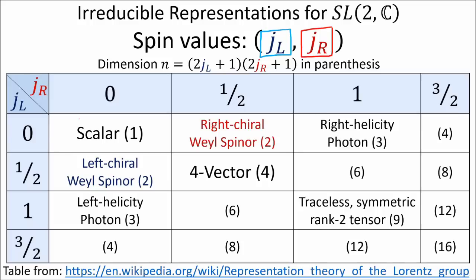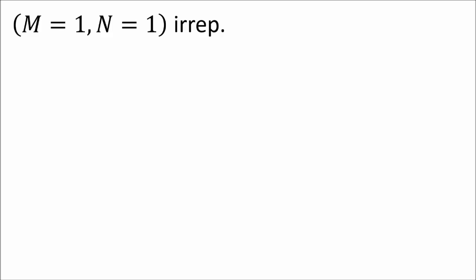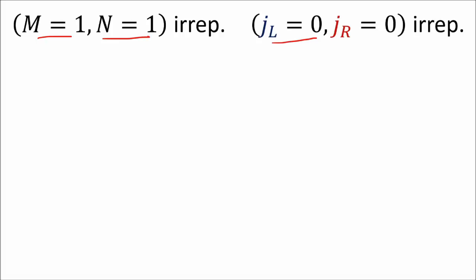Now we can start exploring this table of irreps by choosing different combinations of dimensions m and n, or spin values jl and jr. The scalar representation is where the dimensions m and n are both equal to 1. In terms of the spins, both the left and right spin values are 0.